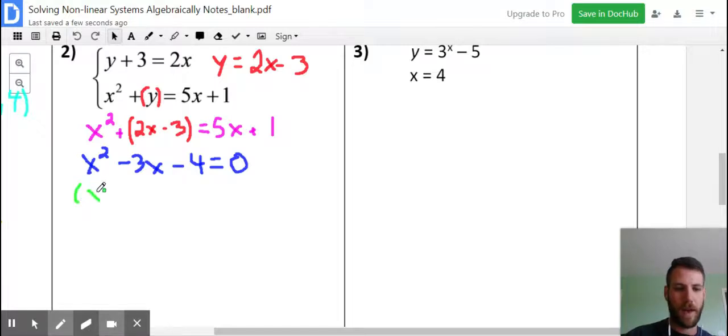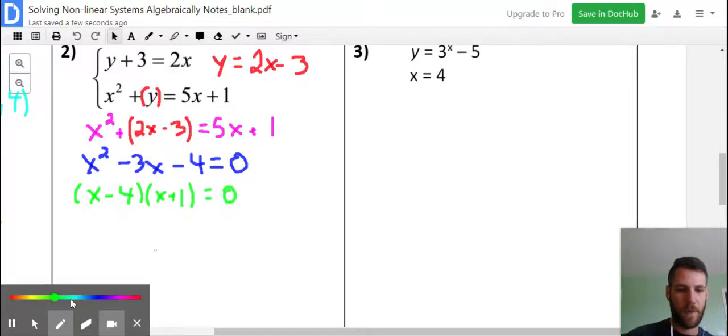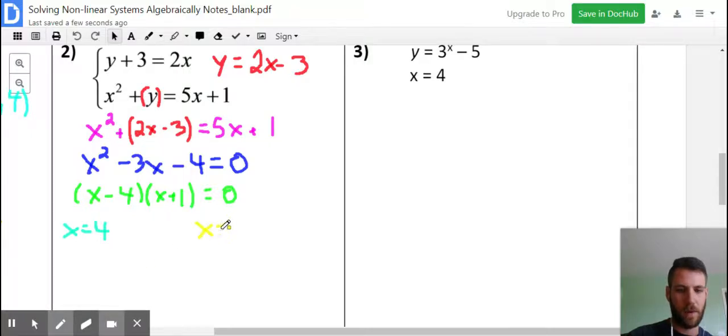So I have x minus 4 as my first factor and x plus 1 as my second factor equal to 0, which means my one answer is x is equal to 4, and my other answer is x is equal to -1.